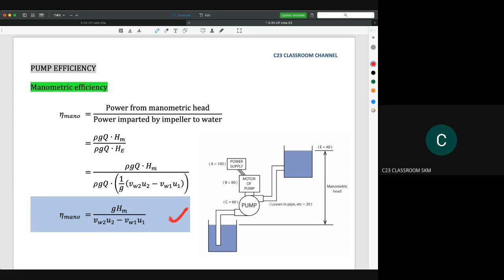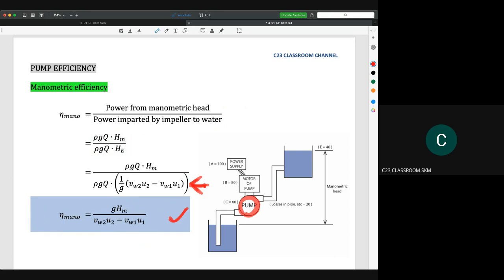Okay, so why do we divide manometric head by Euler head? Euler head is actually the theoretical head that occurs inside the pump. If you see the equation of Euler head here, it is actually telling us about the energy being transferred from the blade to the water.